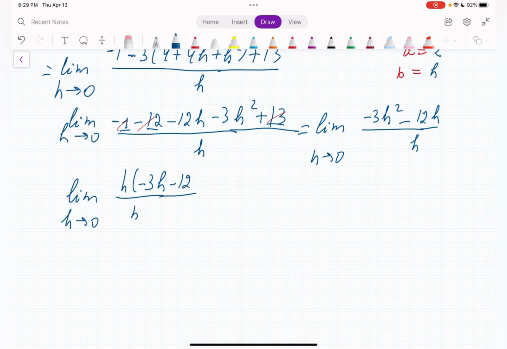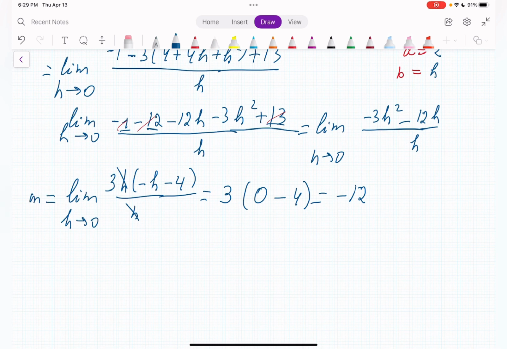Actually, I can take negative 3H because I have 3 and 12. It will make my life easier. Negative H minus 4, right? H and H is gone. So I'm plugging in H equals 0, so negative 0, we don't do it, minus 4, it's going to be negative 12. Okay, this is our M slope.